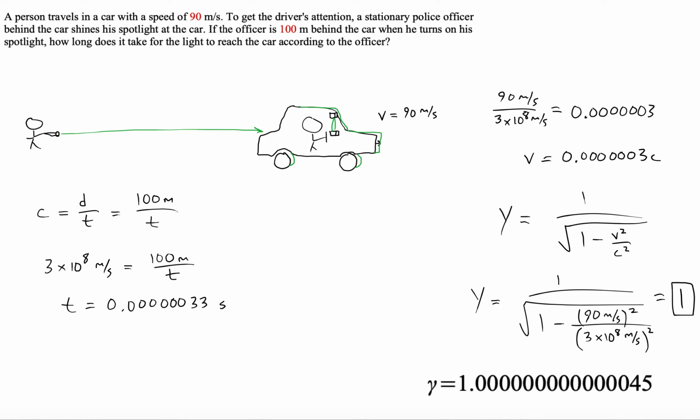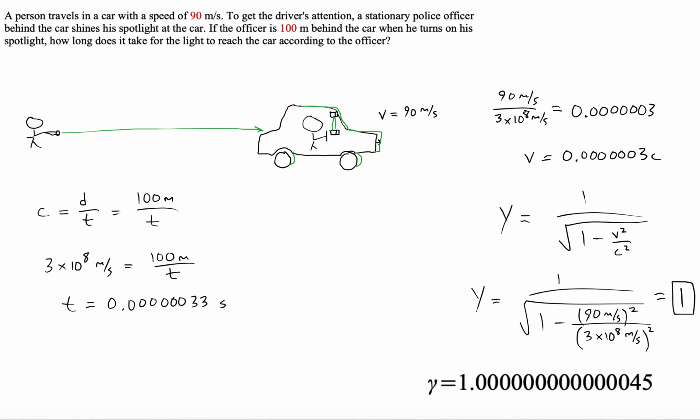All right, so the difference between the proper time and the dilated time here would be basically negligible. So if the proper time was 0.0000033 seconds, the t prime is going to be approximately the same thing. Why would that be?